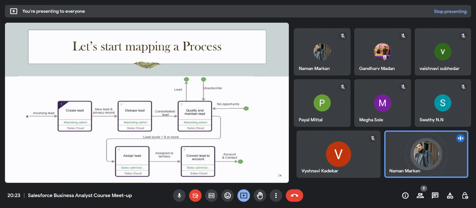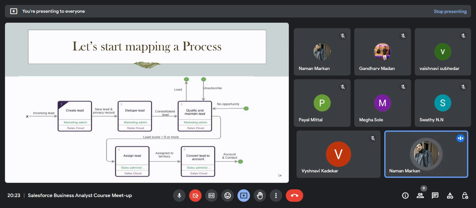If the score is 8 or above, I will be able to assign that lead to a certain salesperson, and then that salesperson will convert the lead to an account and contact, because the lead has a higher score and meets our criteria. If there are no opportunities, or they are not qualified enough or not subscribed to our product, then we do not need to build an opportunity for that particular product.